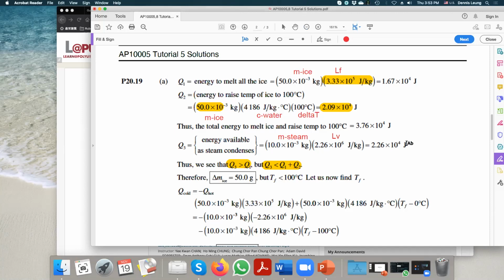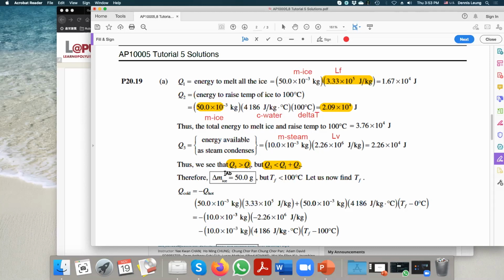But after you condense all the steam, the water that was originally ice has not been raised to 100 degrees C. So Q3 is smaller than Q1 plus Q2, meaning that at the end, you would have the mixture being water at some temperature between 0 degrees C and 100 degrees C.